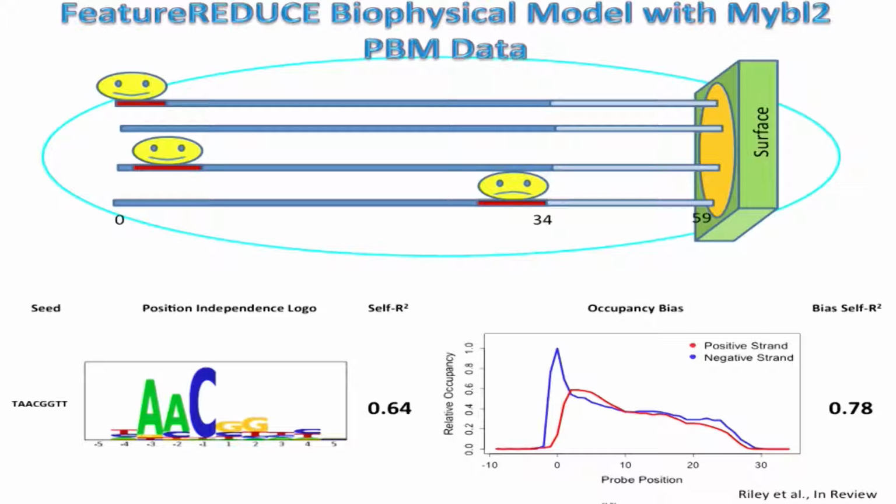And here is a depiction of the amount of occupancy, the amount of binding that you see across all the probes for this PBM data. Position 0 is the free end of the probe, and at position 34 you're attached to the primer.